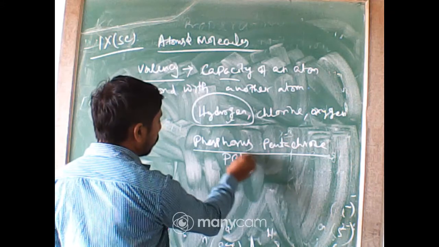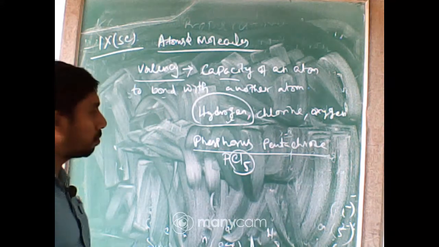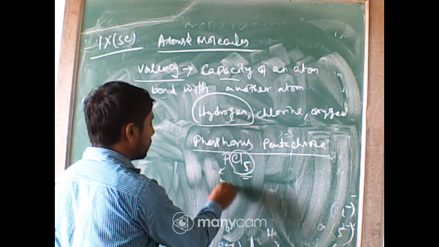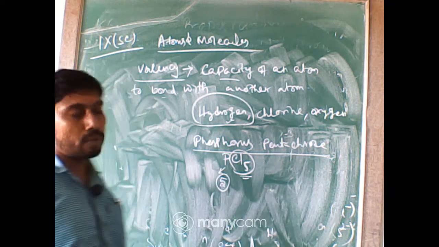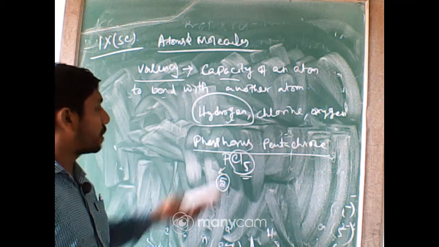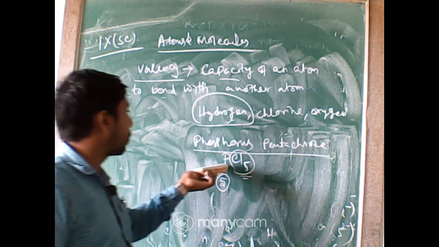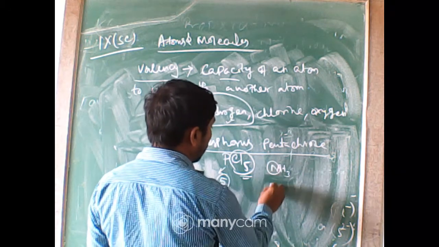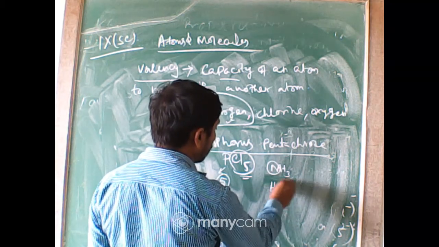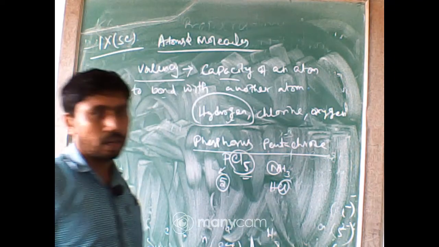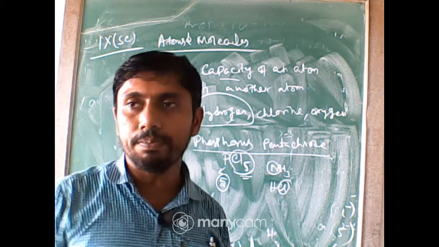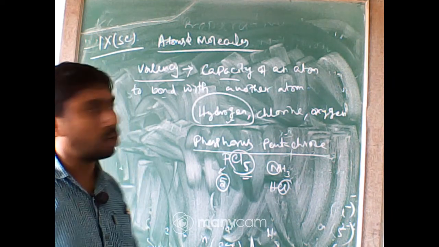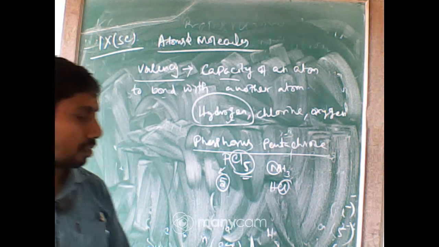Now, how many chlorine atoms have bonded with the phosphorus atom? That is 5. So, here the valency of phosphorus is 5. So, everywhere we calculate the capacity of the central atom. Here phosphorus is the central atom. In ammonia, nitrogen was the central atom. In HCl, chlorine was the central atom. So, in this way we are calculating the combining power of an atom bonded with another atom, which is called valency.